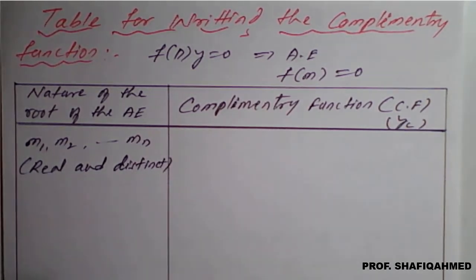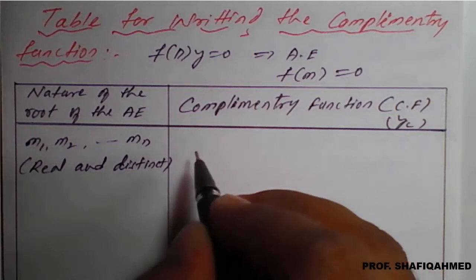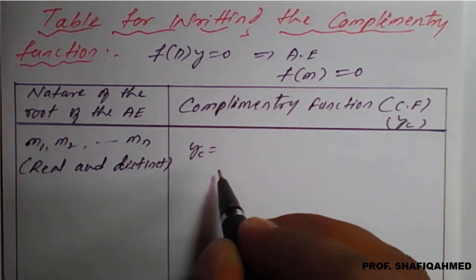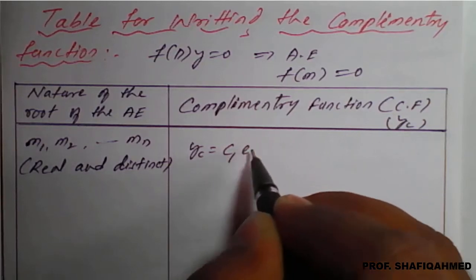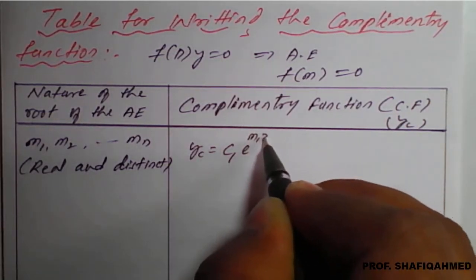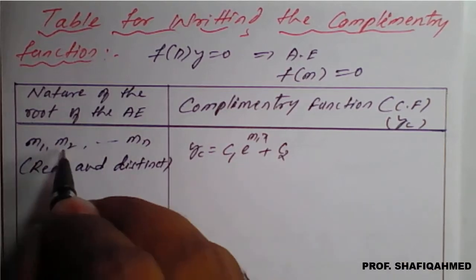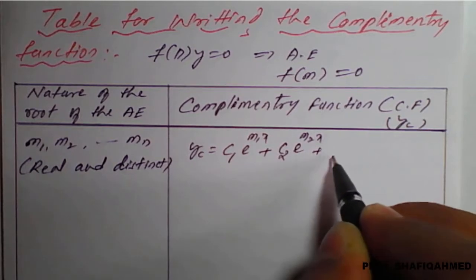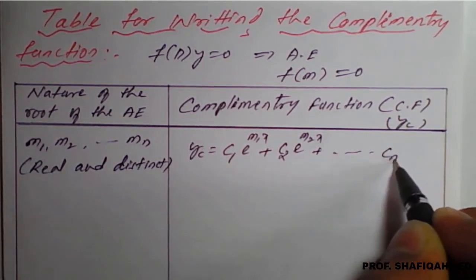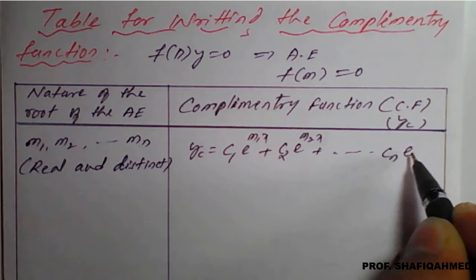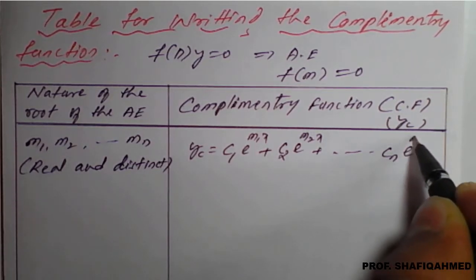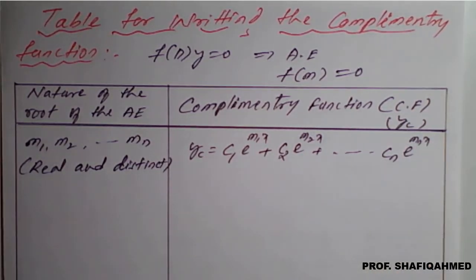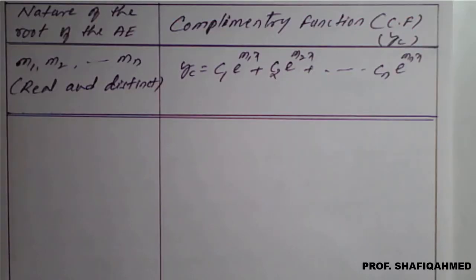At that time, the complementary function yc is written as c1 e raised to m1x, plus c2 e raised to m2x, plus so on, cn e raised to mnx. So this is the first case, real and distinct kind of roots. Next we'll see the second case.